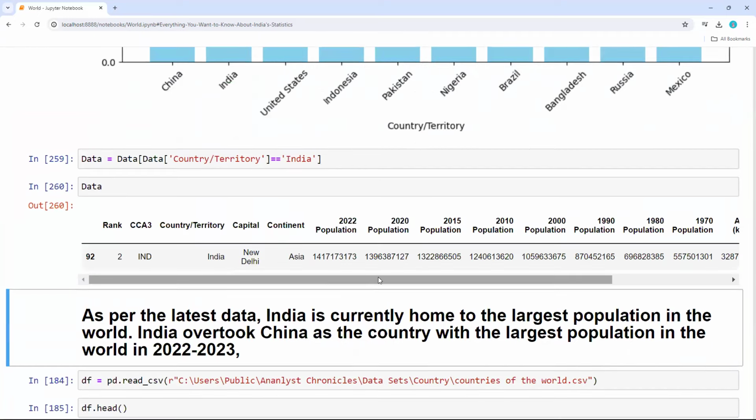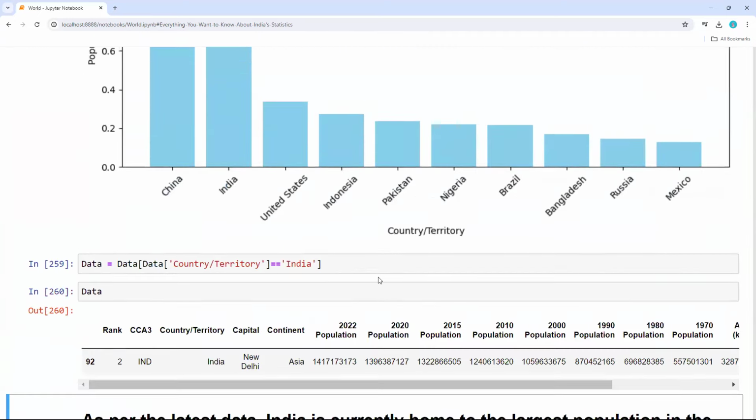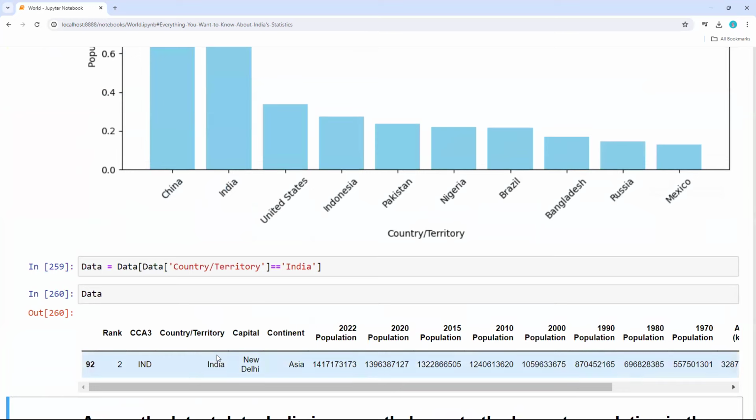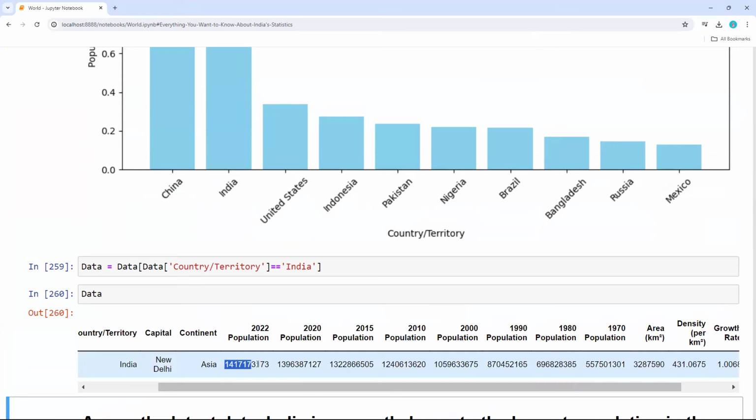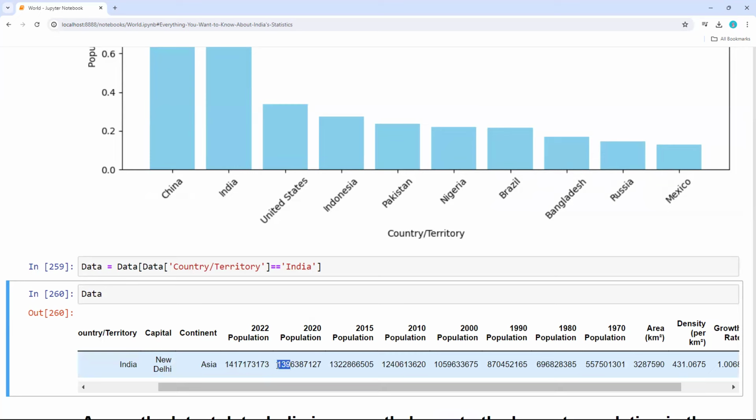Okay, this is the data for India, where you can see the capital city is New Delhi and the continent is Asia. And you can see the population in 2022 is 141 crore 71 lakhs 70,173, whereas in 2020 we had 139 crore. So from 2020 to 2022 around 2 crore population increased.